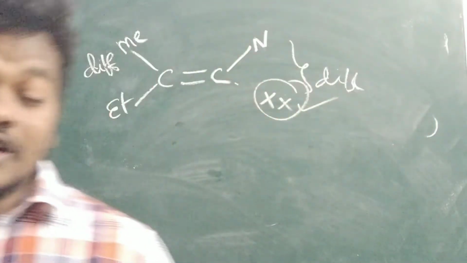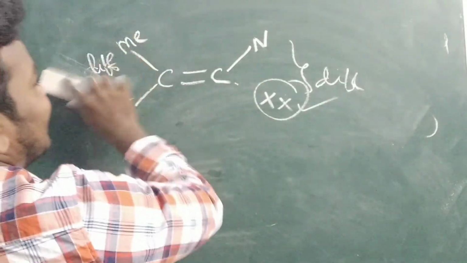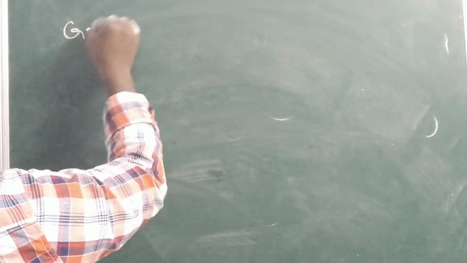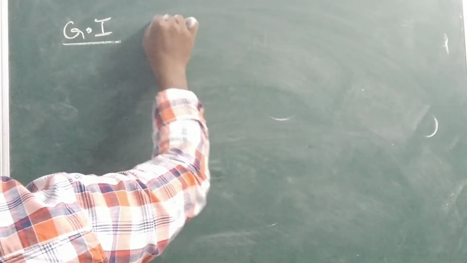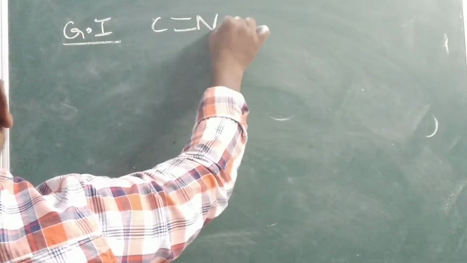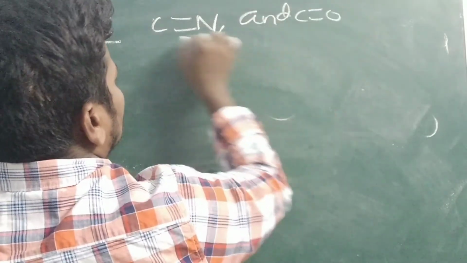Next isomers are syn and anti isomers. What are syn and anti isomers? They are types of geometrical isomers. In this you can see carbon double bond nitrogen, and carbon and oxygen.